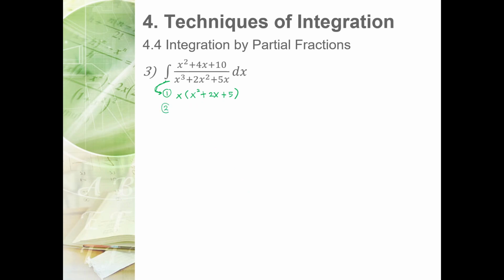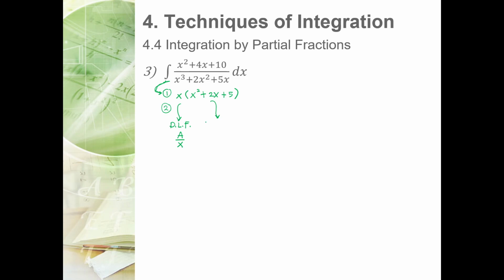So since we cannot factor out anymore, the next step is to determine the different factors. The first one is a distinct linear factor, so this gives us A all over x. And then the second one is a quadratic factor.